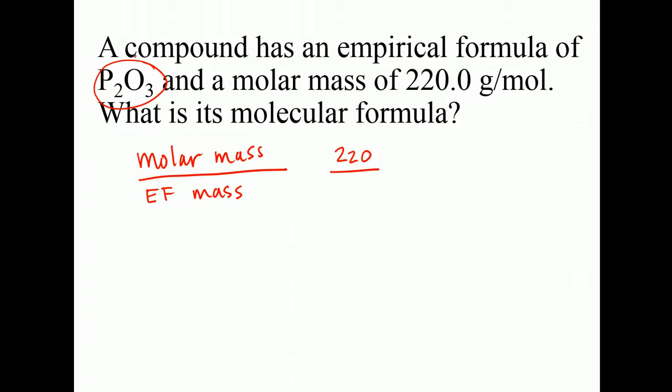So if it asks us to find the empirical formula mass, I'll use my periodic table and add up the atomic weights: 2 times phosphorus and 3 times oxygen. So why doesn't everybody take a second to find that? 2 times the number for phosphorus. Phosphorus is element 15.